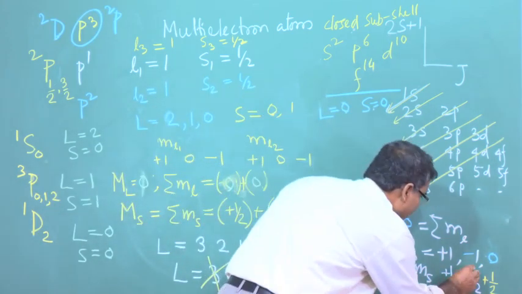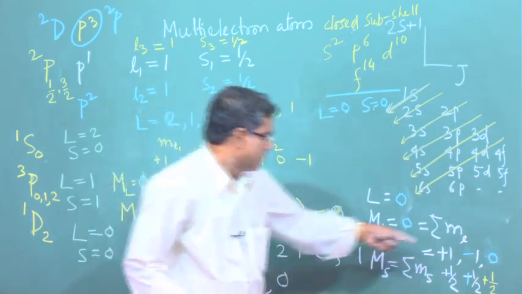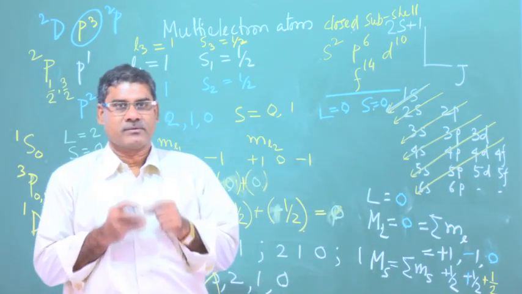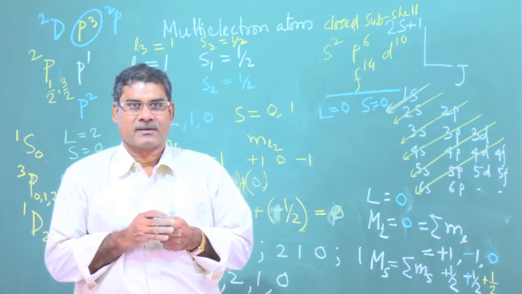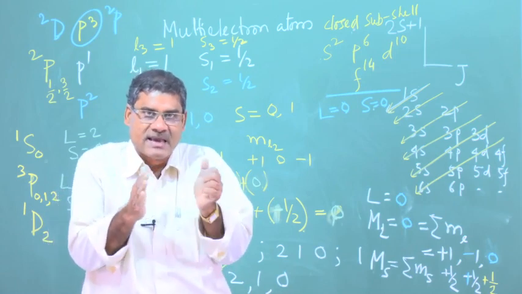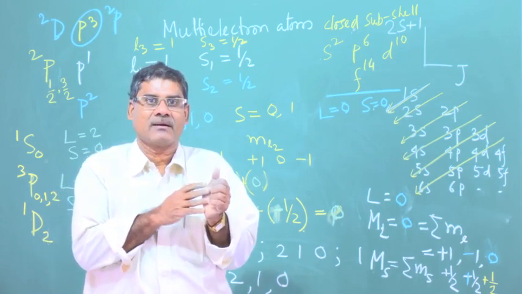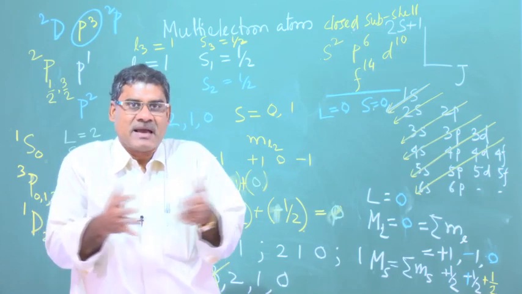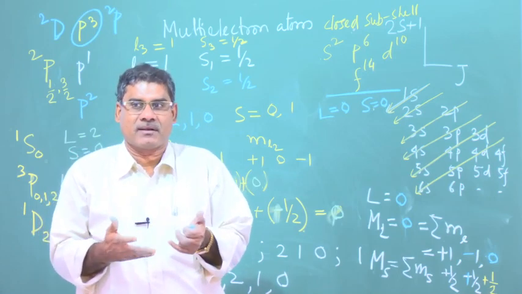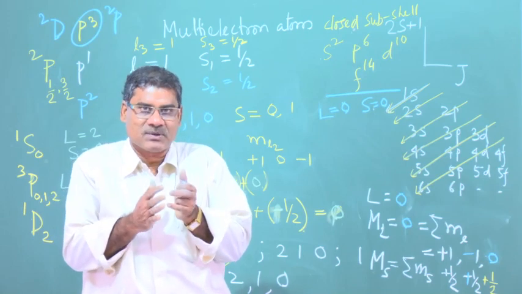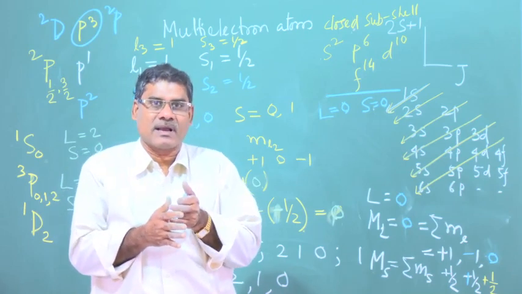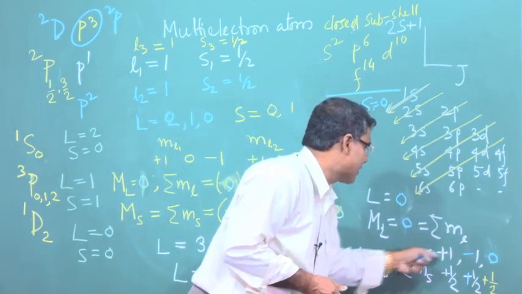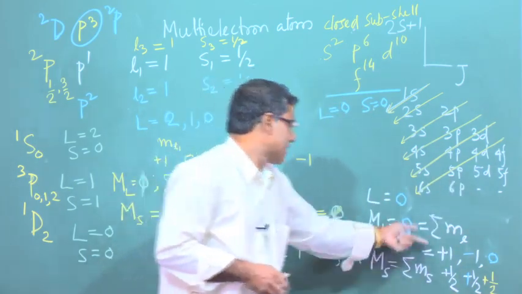So, MS for all I can take plus value, because as I told you, we should try to take the same value of ML and MS as many as possible. If they are different, there is no problem, it will not violate. If they are same, then that is the critical point one has to analyze. So, MS value I can take same, then ML value is becoming different here.